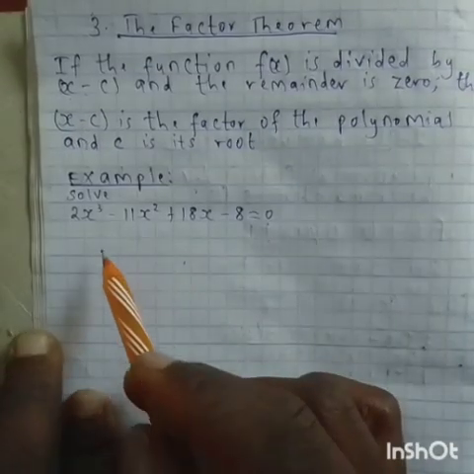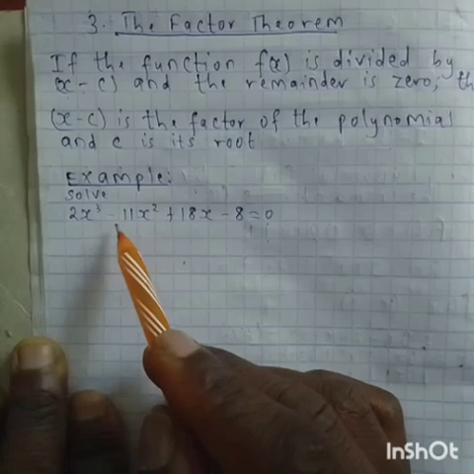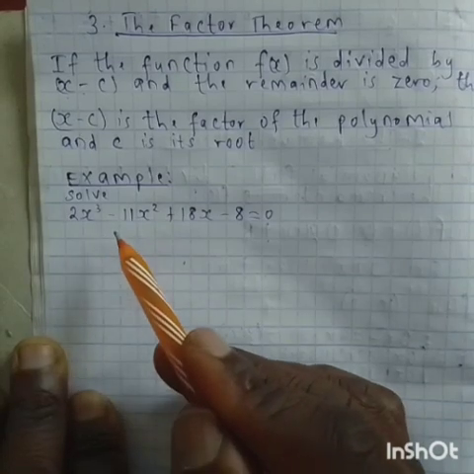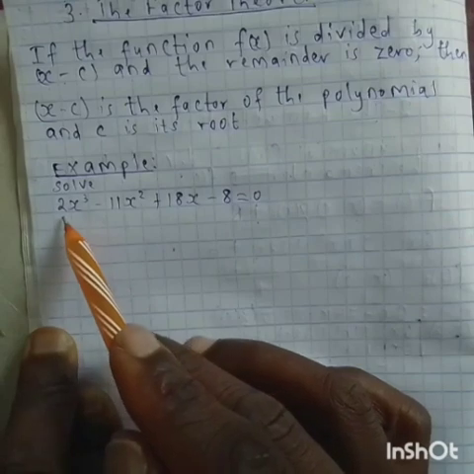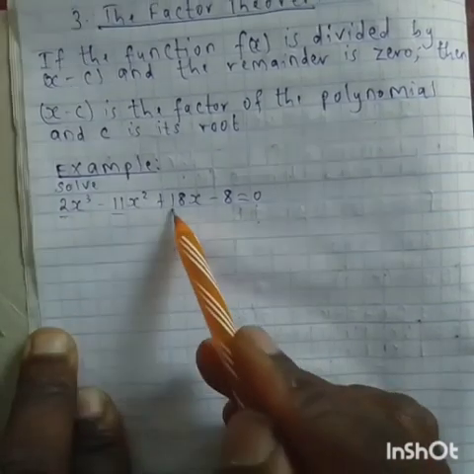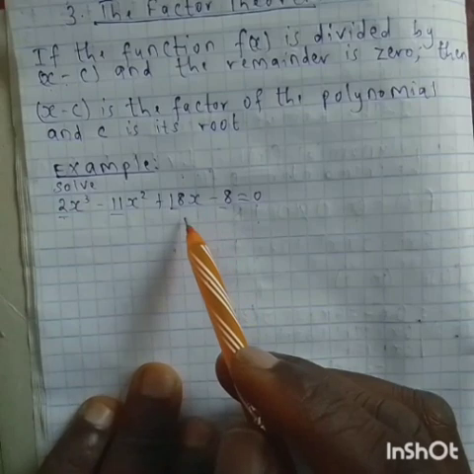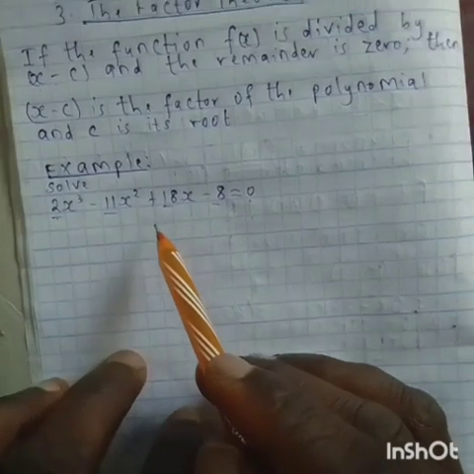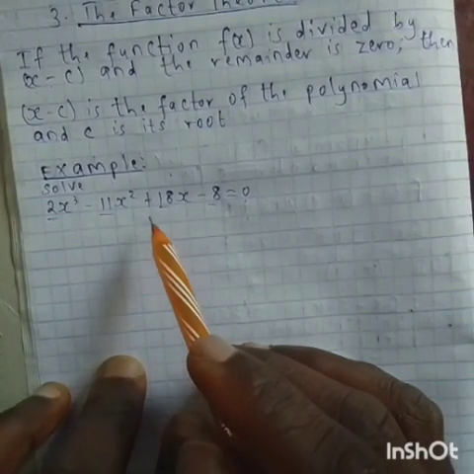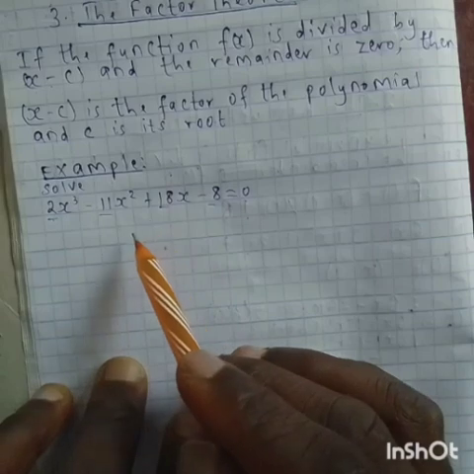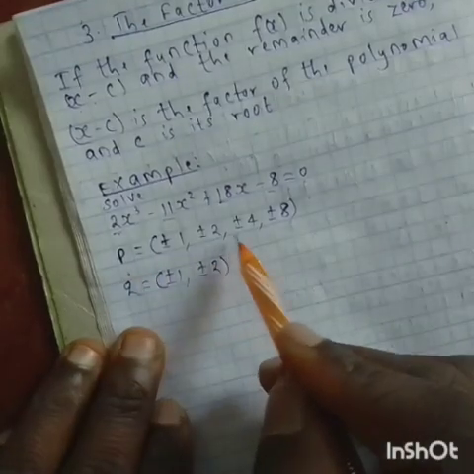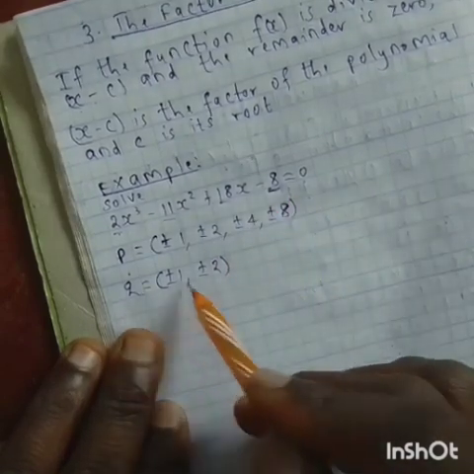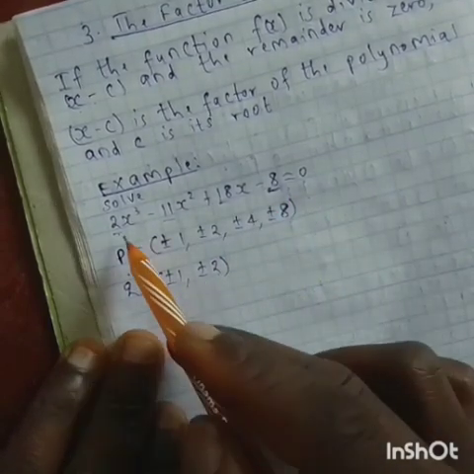So we want to solve this cubic function, or find its roots. According to the rational root theorem, this polynomial has integral coefficients, so it has at least one rational root. We want to find the set of these rational roots. p consists of the factors of a0 and q consists of the integral factors of an.